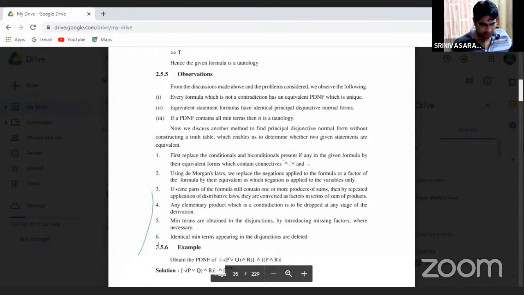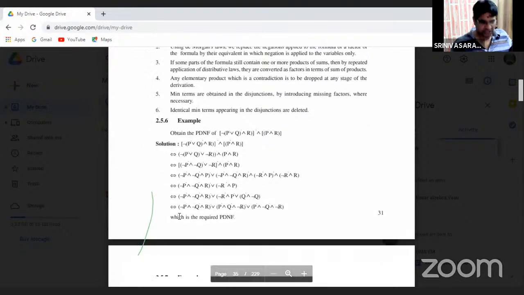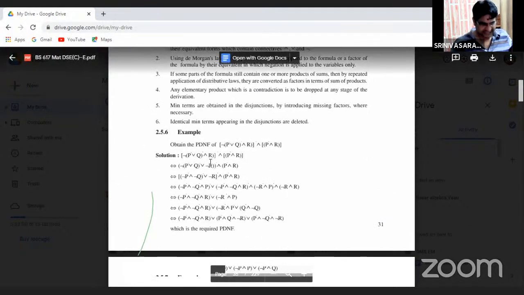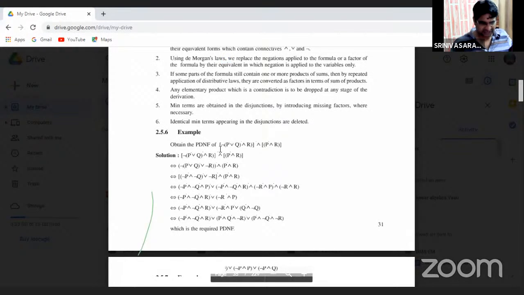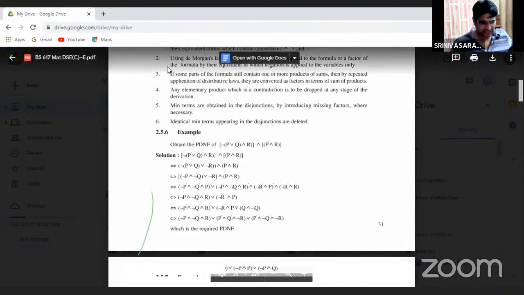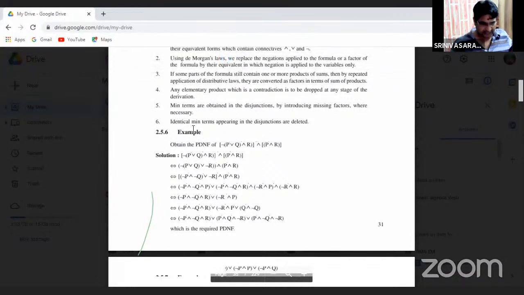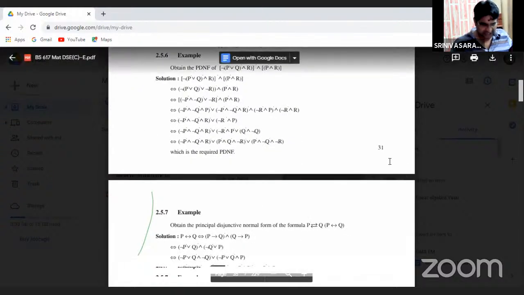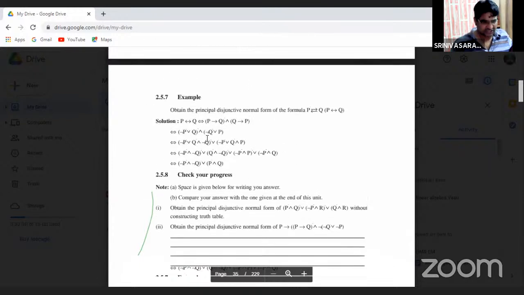These points are used to solve the given problem for the PDNF expression. First of all, we must know these 6 examples. The final condition is that identical minimum terms appearing in the disjunction are deleted. These 6 conditions must be applicable here. Okay, that's enough.